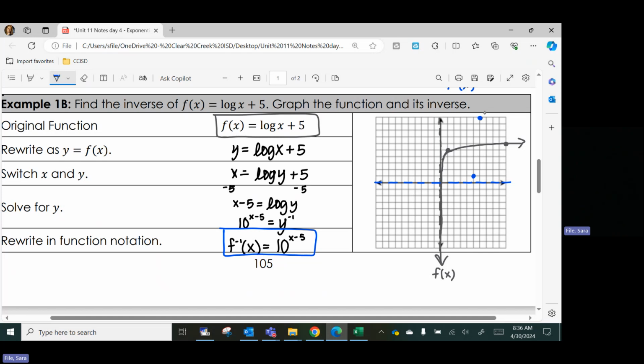So now I can go through these 2 points and use the asymptote as the guide for the end behavior. So I can see, and really, let me try and draw that again more on the asymptote.